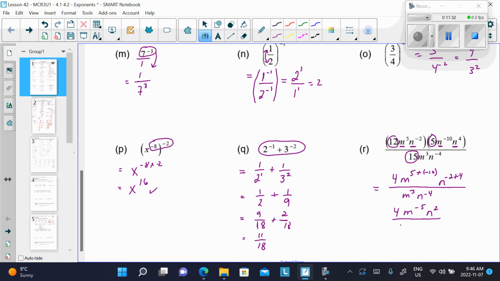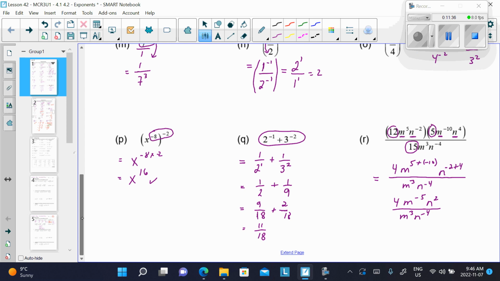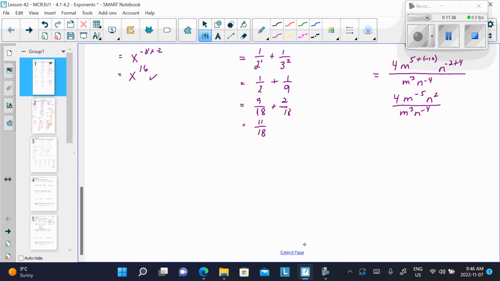And now we can use the division rule to subtract the exponents. Okay, so the m's, we have negative 5 and a 3 at the bottom, so subtract 3. And then we have an n with a 2, subtract negative 4. Which is 4m.